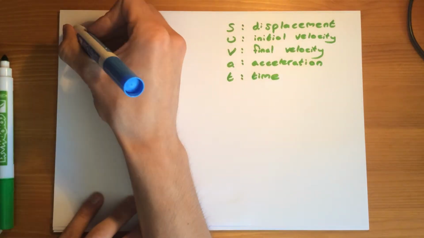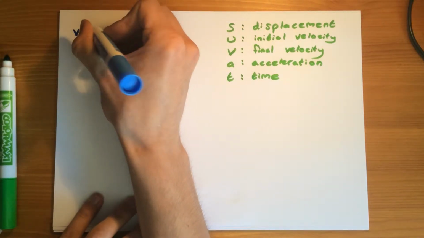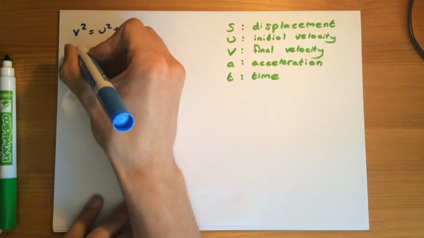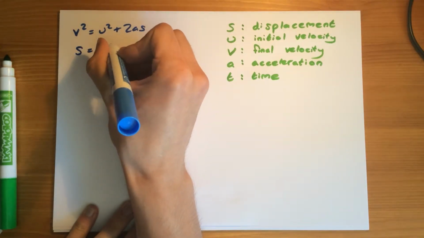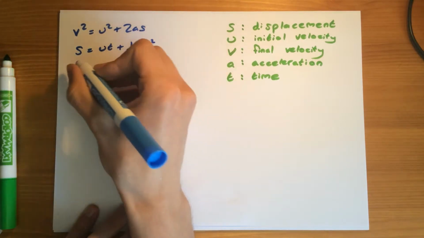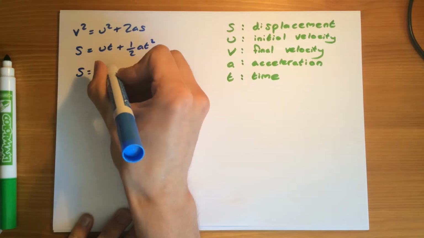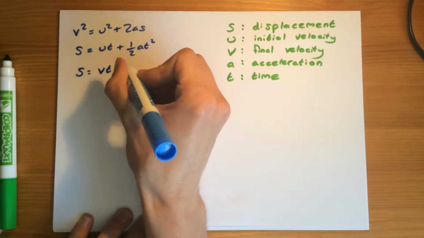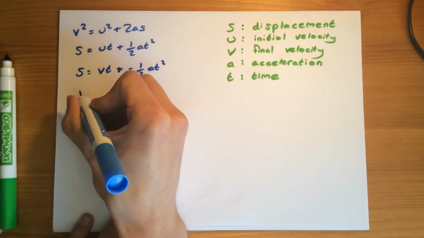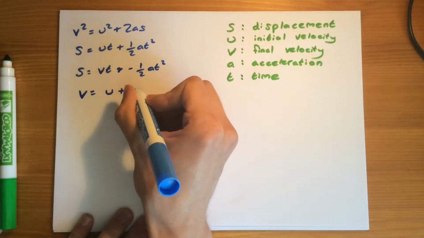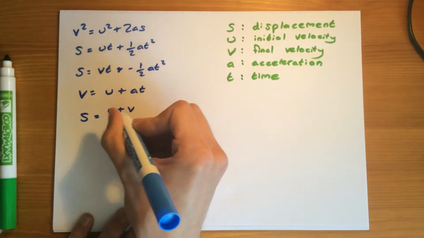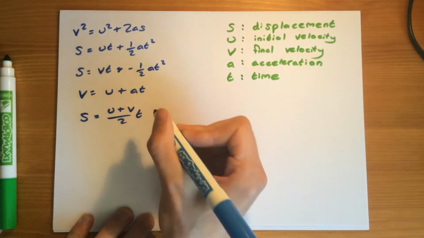So here goes. v squared equals u squared plus 2as. s equals ut plus a half at squared. s equals vt minus a half at squared. v equals u plus at, and finally s equals (u plus v) over 2 times t.